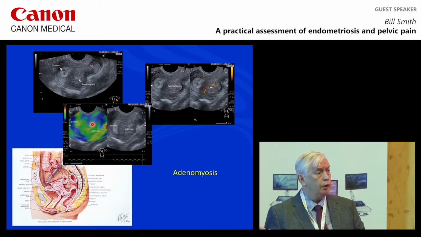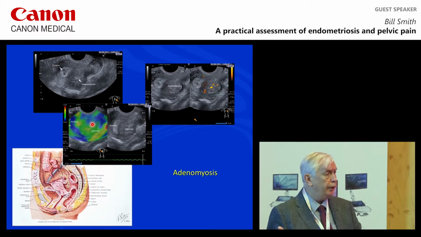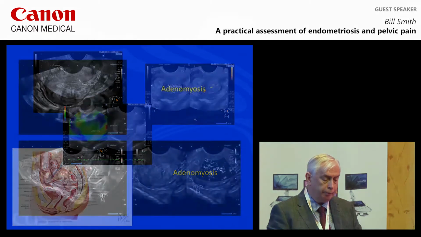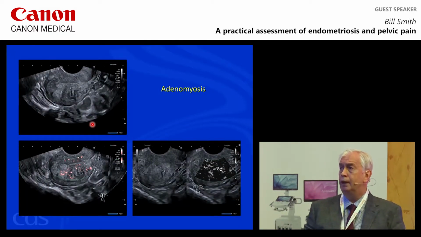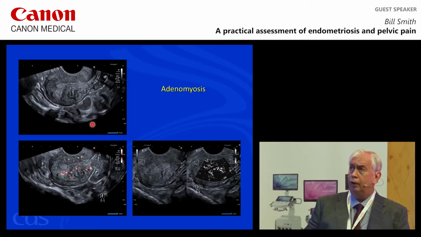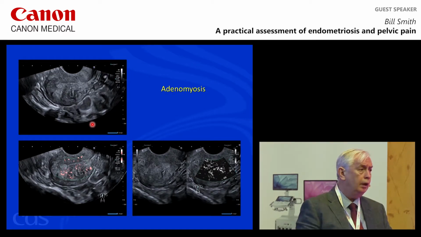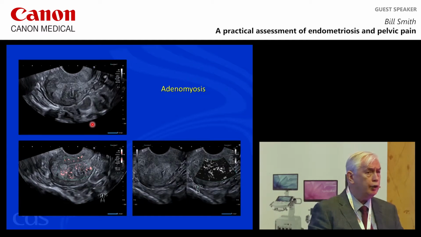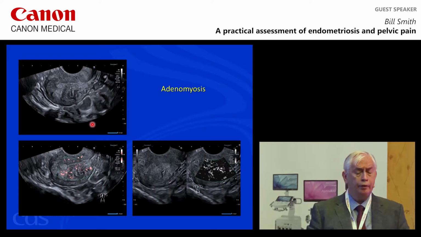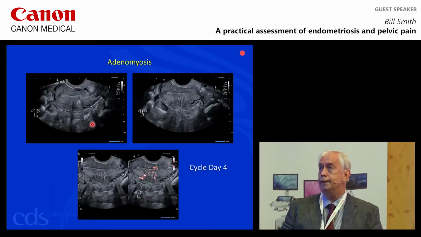But again, as you can imagine, if you have someone with grade 4 endometriosis and extensive adenomyosis, the last thing they want is someone prodding the uterus. But as I said, if there's extensive adenomyosis, our high-quality grayscale and high-quality color Doppler give us characteristic features that we associate with the disease.